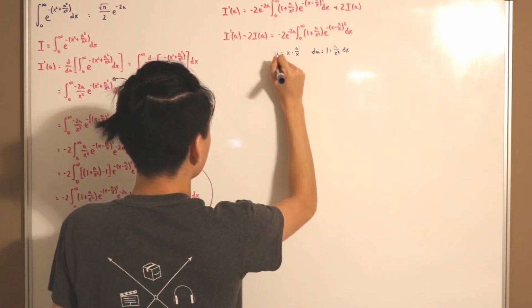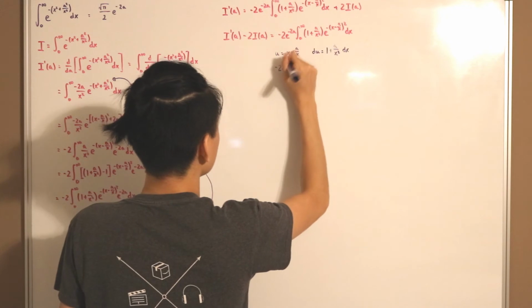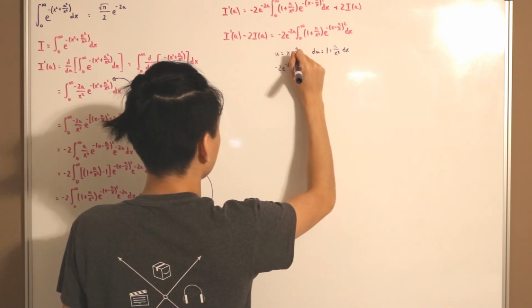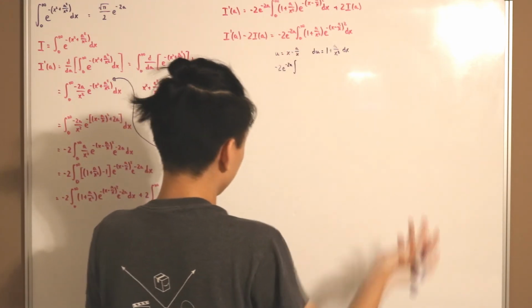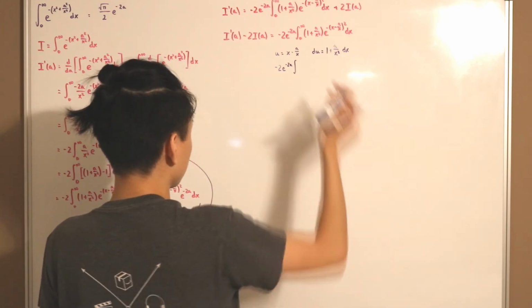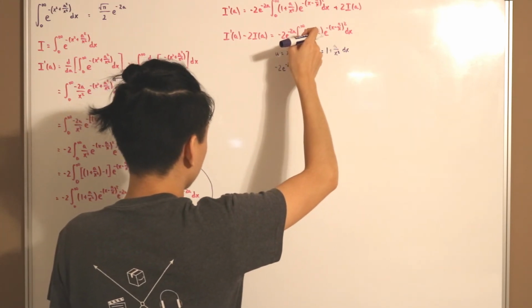And going back, we have negative 2 e to the negative 2a, and then we're changing variables, so we have to change our bounds as well.